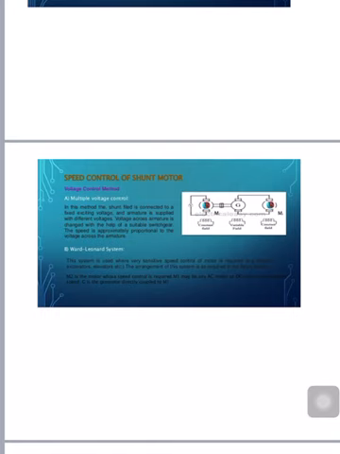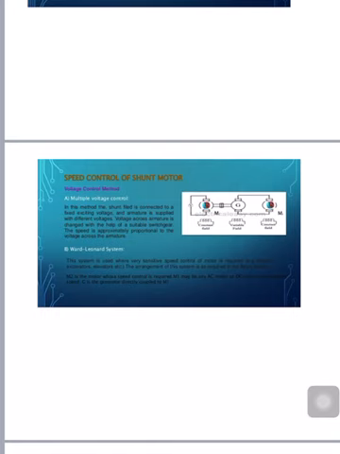Coming to applications of the Ward-Leonard system, this method of speed control is used for very wide and very sensitive speed control of DC motors, especially when both directions of rotation are required.